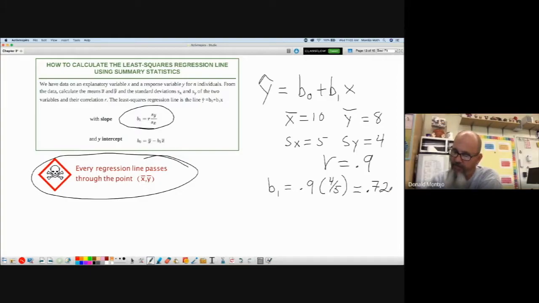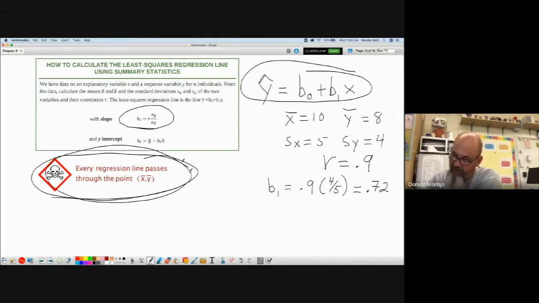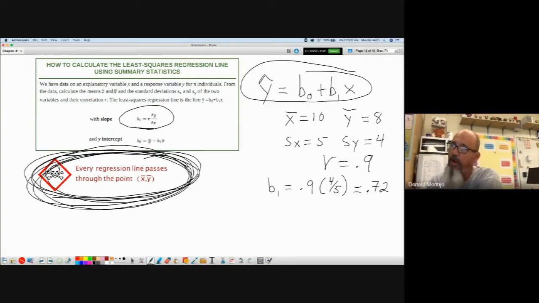Now, how are we going to find the y-intercept to put this all together? Well, we know this equation up here, y hat equals B sub 0 plus B sub 1 times X, where if I know this fact here, every regression line passes through the point X bar, Y bar, I know a point on the line.